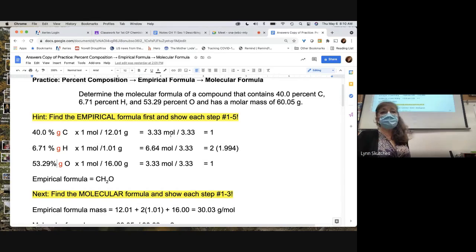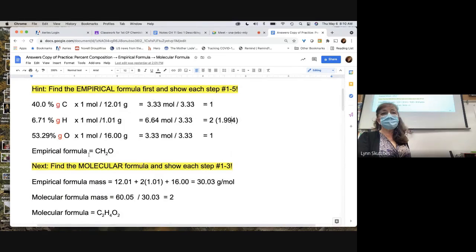You'll notice that carbon and oxygen come out to both be 3.33. That means when you divide by the smallest number, they both come out to be 1. And the hydrogen, if you did it to the hundredths, doesn't come out perfectly even. So 1.994, close enough to 2. We can round that much, 6 thousandths. So the empirical formula is 1 carbon, 2 hydrogens, 1 oxygen.